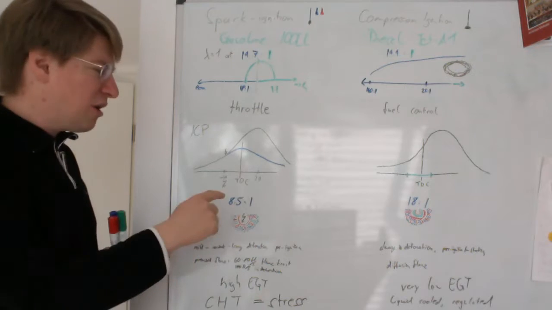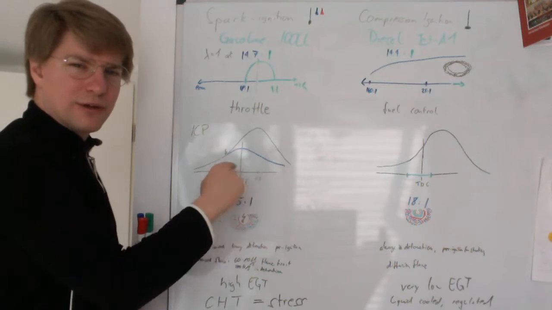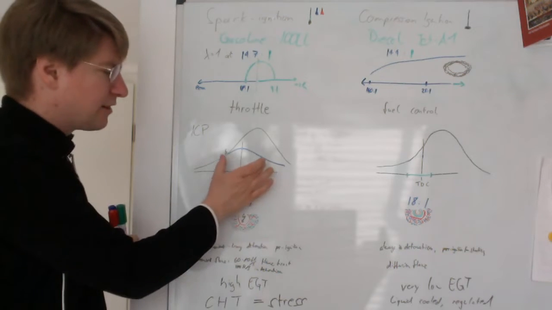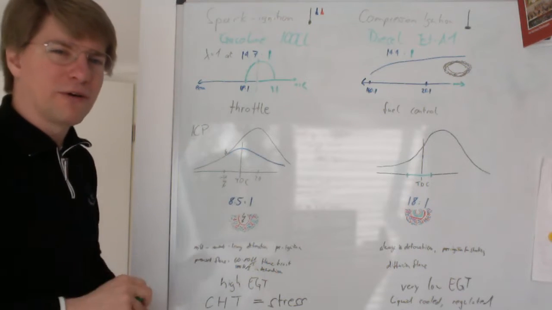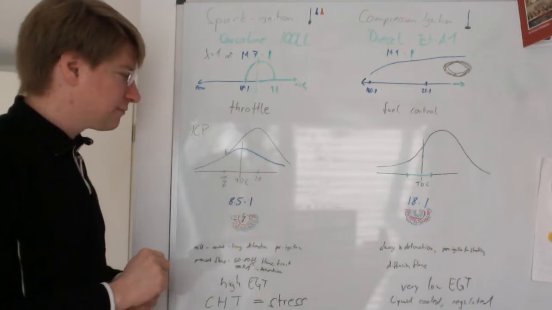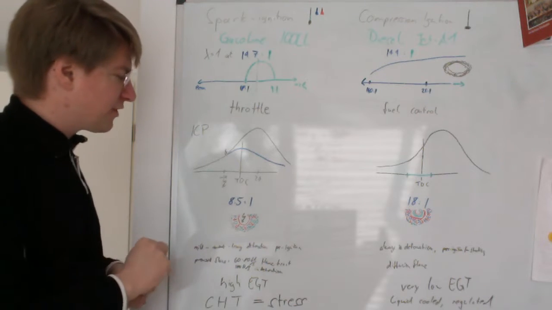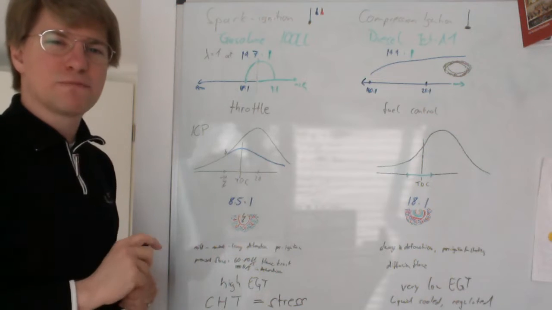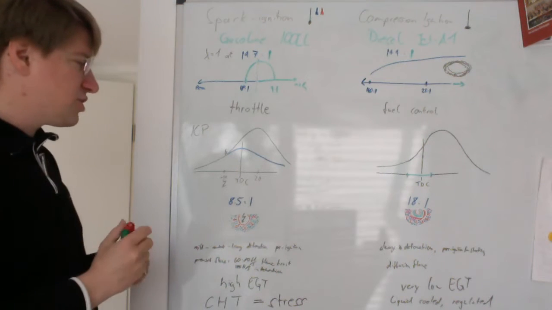If there was no combustion at all, the curve would look like the blue curve here. It would just compress the air and decompress the air again. The curve would be symmetrical, no power made, except for friction losses, of course. But this is if the cylinder was just pumping air and no combustion takes place.